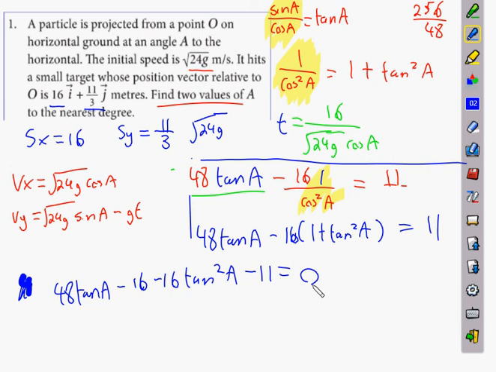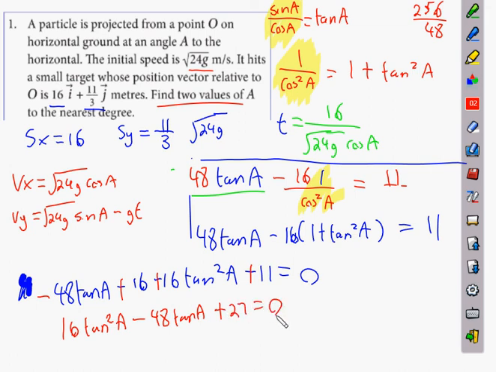What I'm going to do at the same time, I'm going to multiply everything by minus 1 and then add them together. So I'm going to get plus, plus, plus, minus. Then I'm going to get 16 tan squared A, minus 48 tan A, plus 27 equals 0.